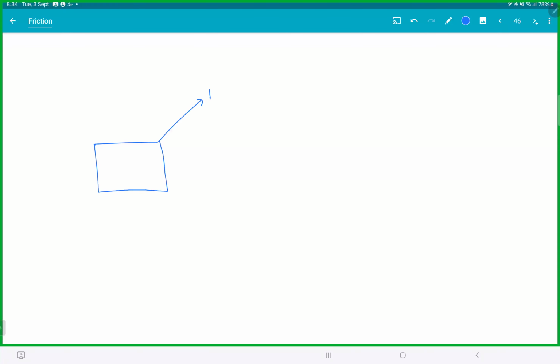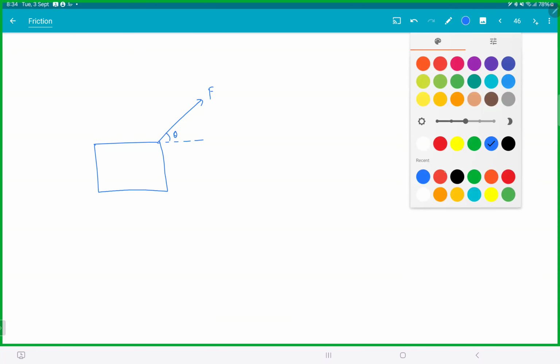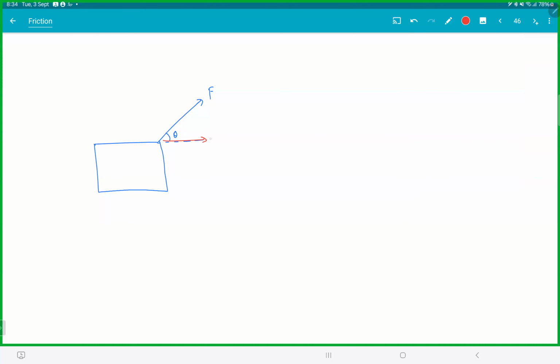So let this force be F. F cos theta, F sin theta, our own weight mg, normal reaction. This is F max since the block is about to slip.